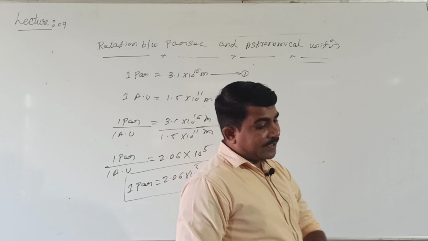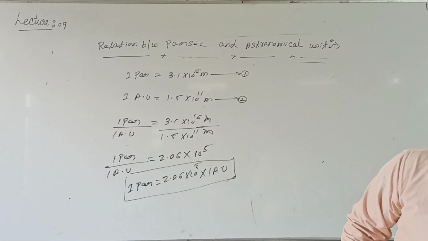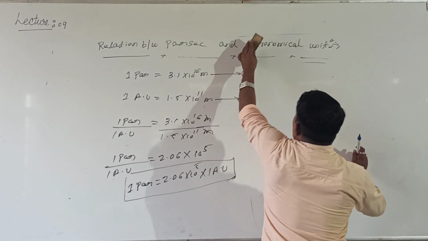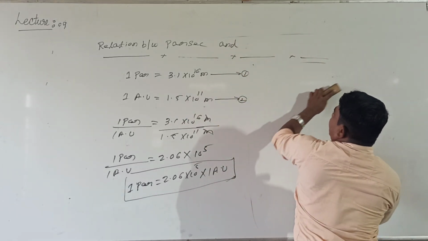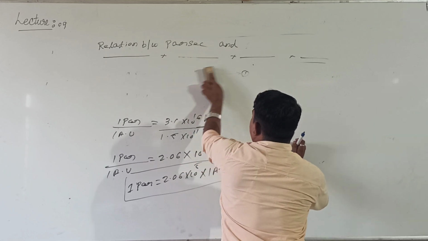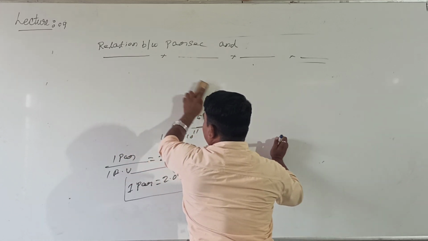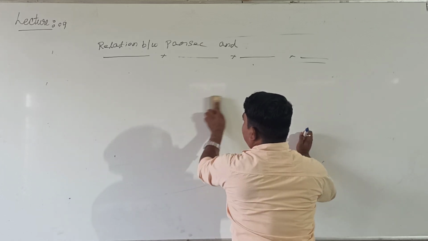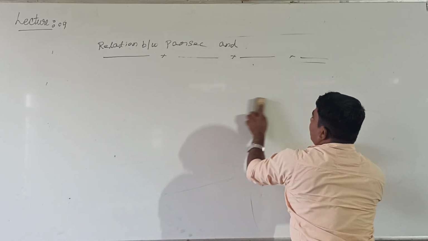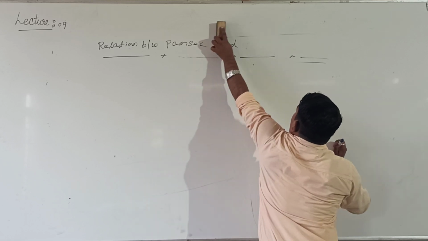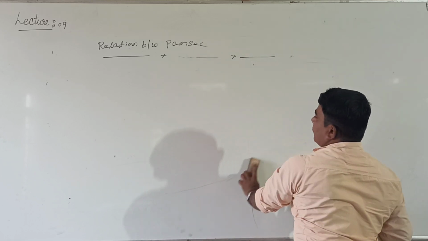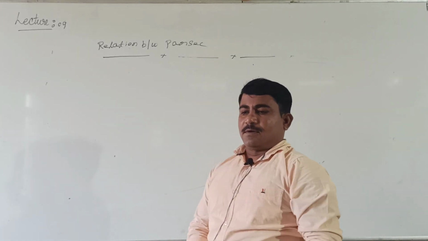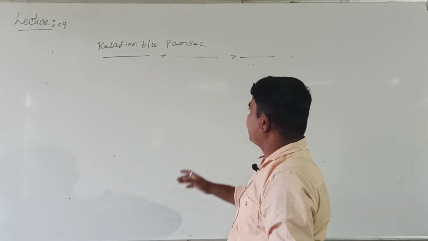Next one, the final one, is the relation between parsec and light year.